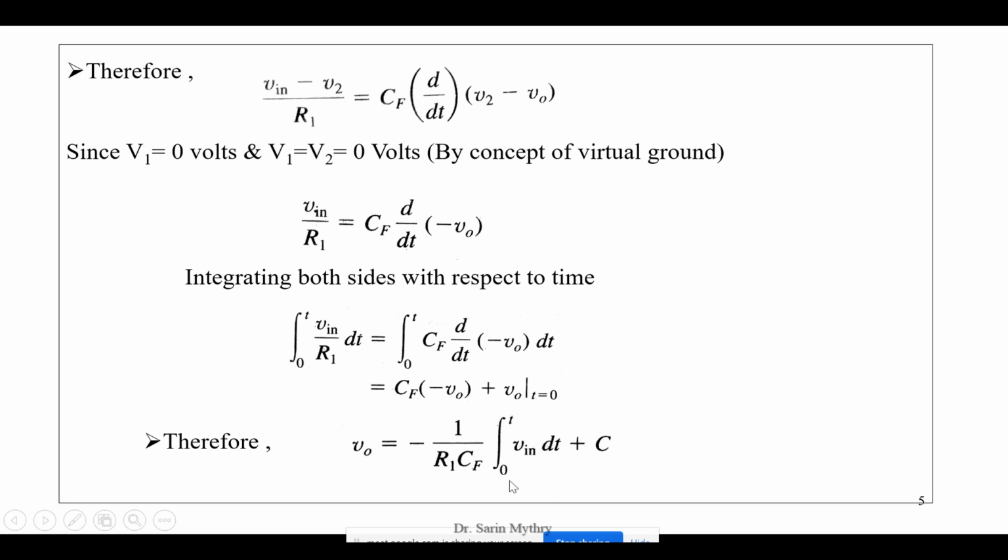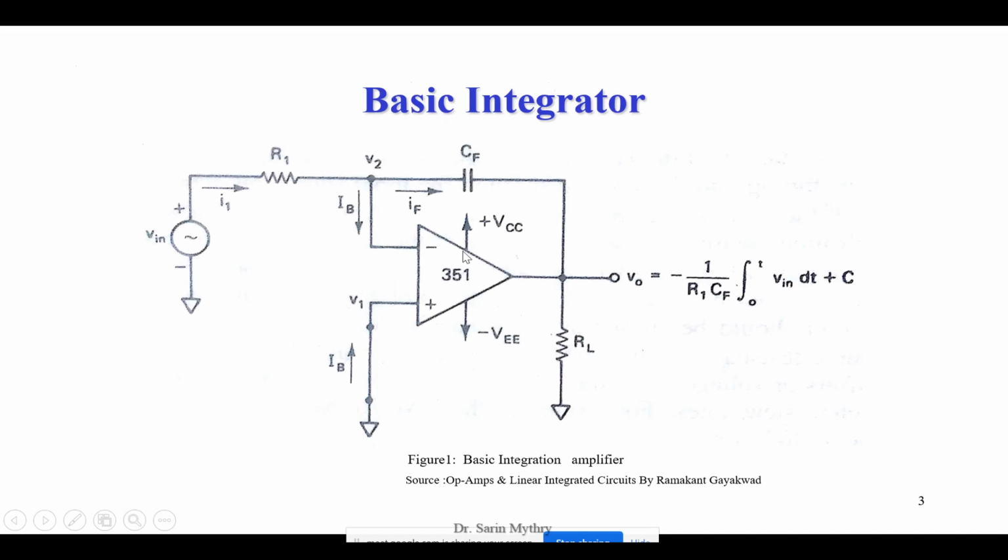Your equation will be converted into this type: V naught equal to minus 1 by R1 Cf integration from 0 to t of Vin dt plus constant. So ultimately we have got the equation which tells that your output voltage is an integration of the input voltage. So the circuit which we are talking about here is acting as an integrator.